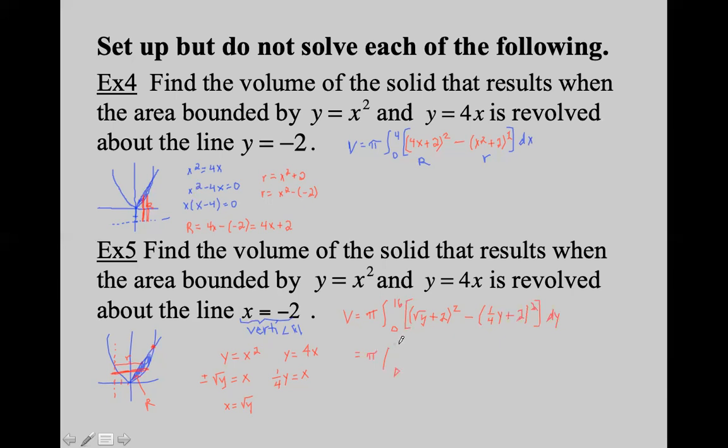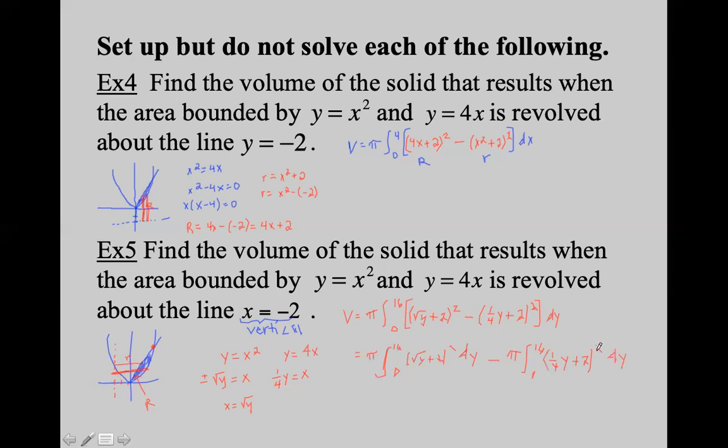You can have pi times the integral from 0 to 16 of the square root of y plus 2, squared, dy, minus pi times the integral from 0 to 16 of 1/4 y plus 2, squared, dy.